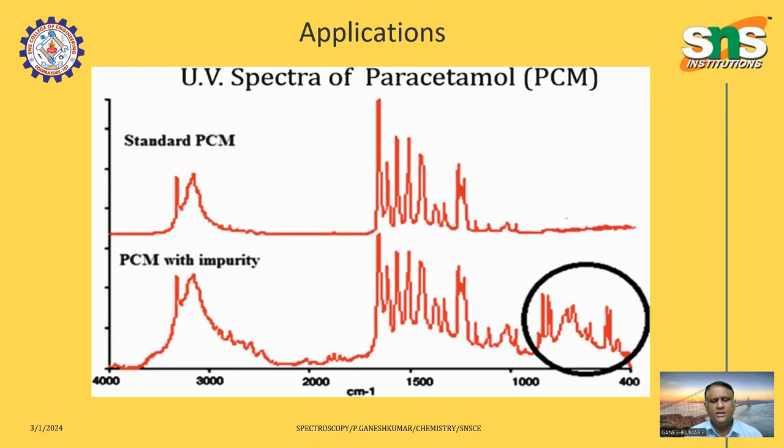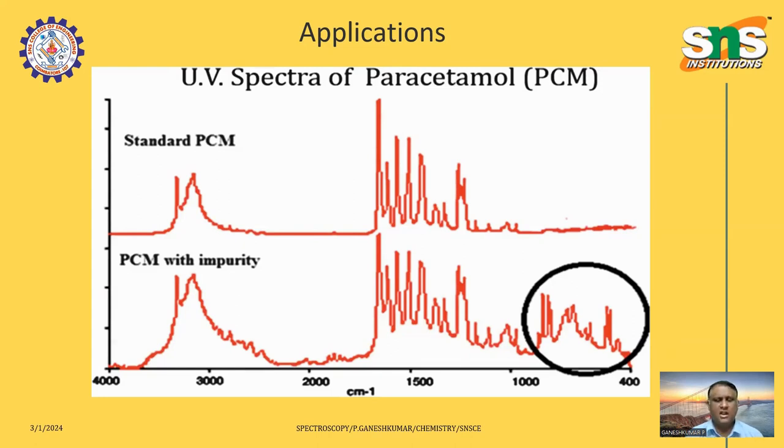You see, near to 1000 or after 1000 in the wavelength axis, in the pure paracetamol there is almost a straight line, but in the impure one there are several absorption peaks available.